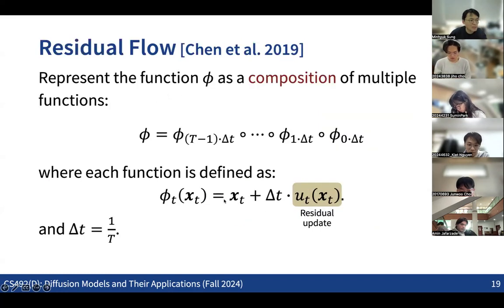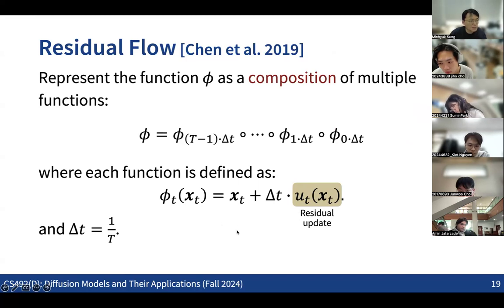So when you have this function defined with a residual update term, you can see that given xt, we are adding this term multiplied by the delta t, right? Adding this residual to the input xt here.